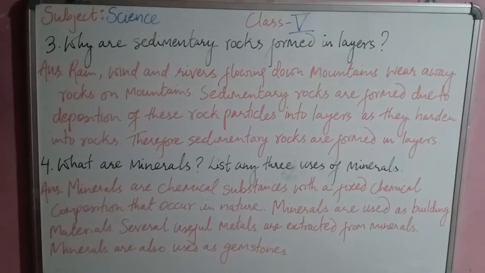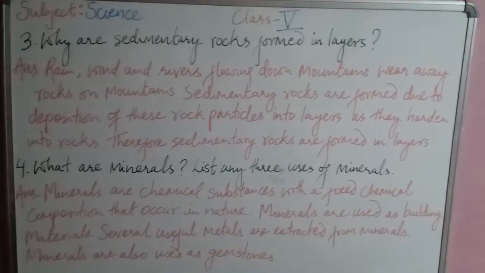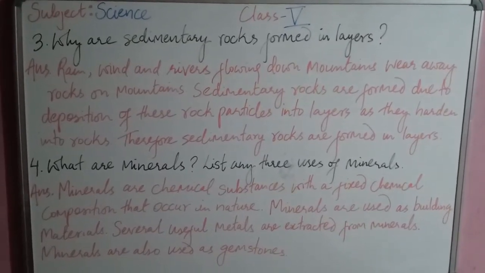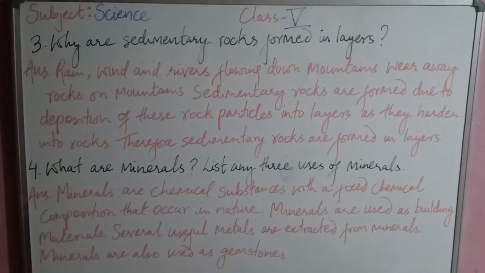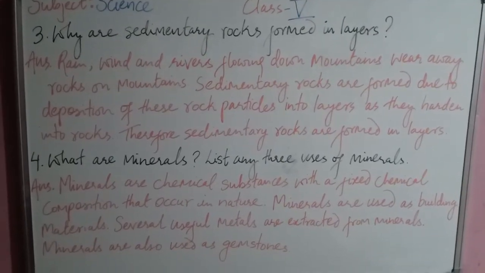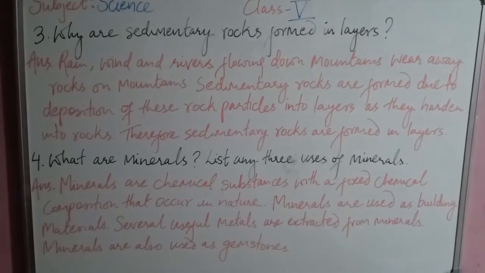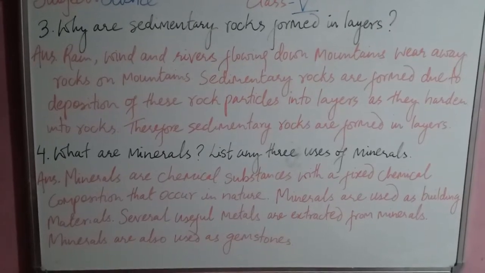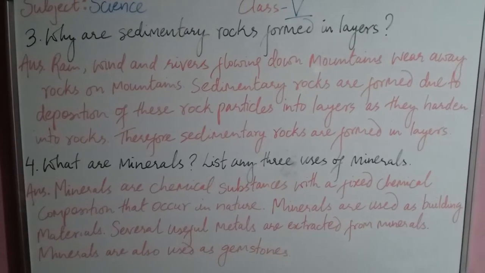Rain, wind and rivers flowing down mountains wear away rocks on mountains, full stop. Sedimentary rocks are formed due to deposition of these rock particles into layers as they are hardened into rocks, full stop. Therefore, sedimentary rocks are formed in layers.